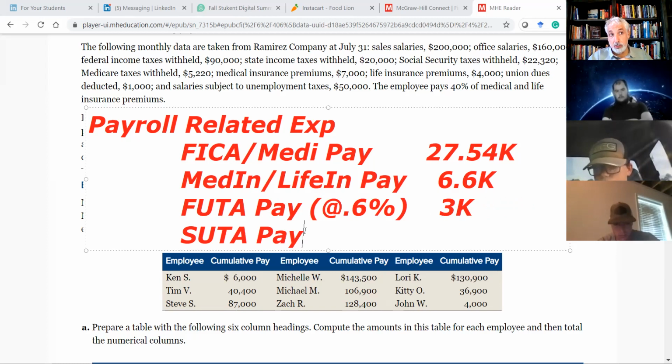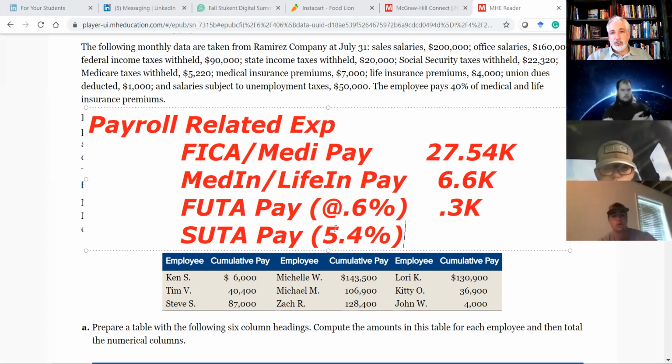So that would be 2.7, 2.74. Is that? No, that's what's 5%. So 50% is 2,500. Did I get that right? 0.6. I think I'm off a decimal here. That should be 0.3K. This is at 5.4%. They'll tell you whatever the problem is. So what's 5, 20, 25, 2.7K maybe? Check my math, make sure we're on the same page, make sure it's right.